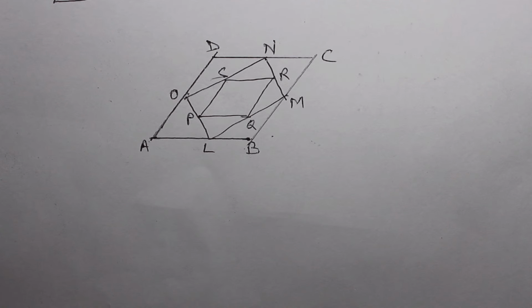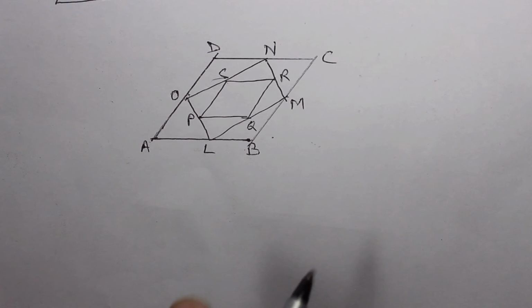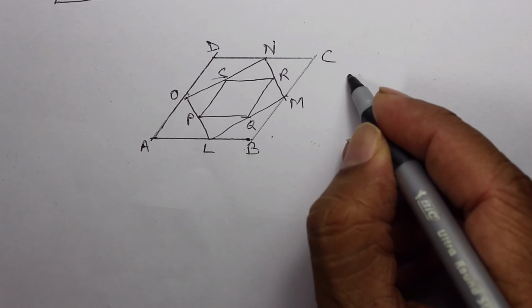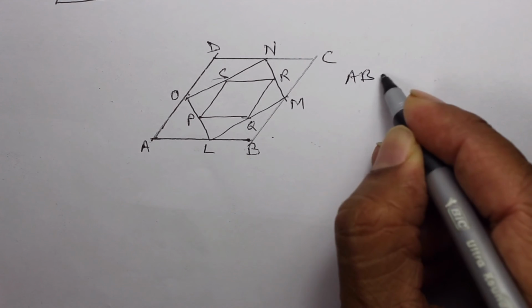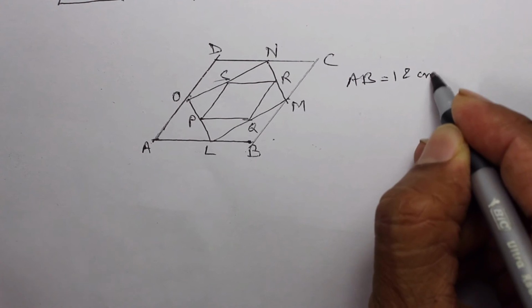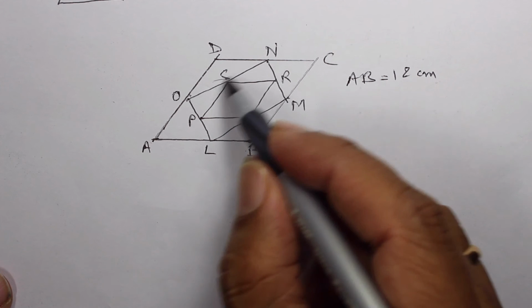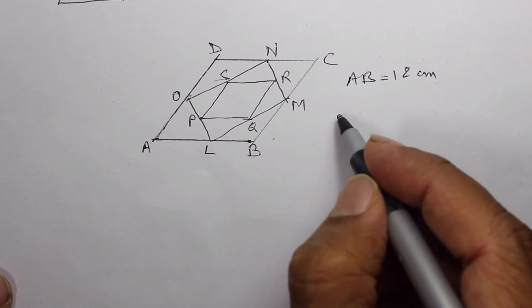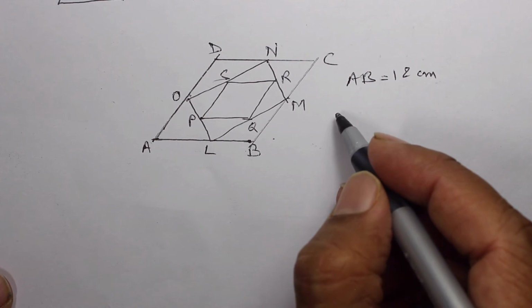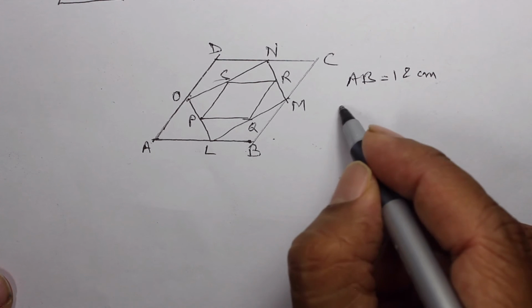So what's given in this question is that ABCD is the rhombus. So the sides of the rhombus, AB is equal to 12 centimeters. So the midpoints are being joined together. So you have this figure LMNO. So what would the shape of LMNO be?